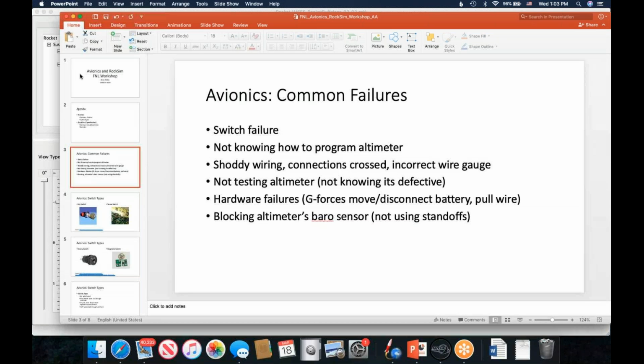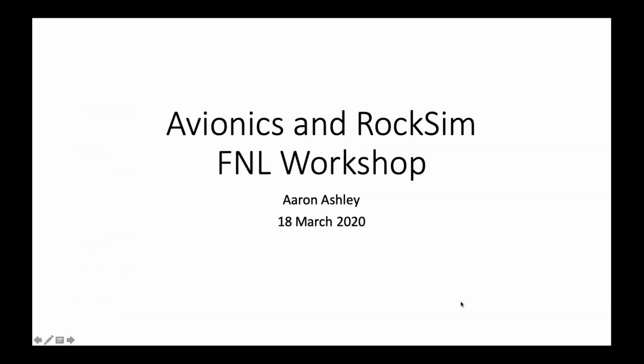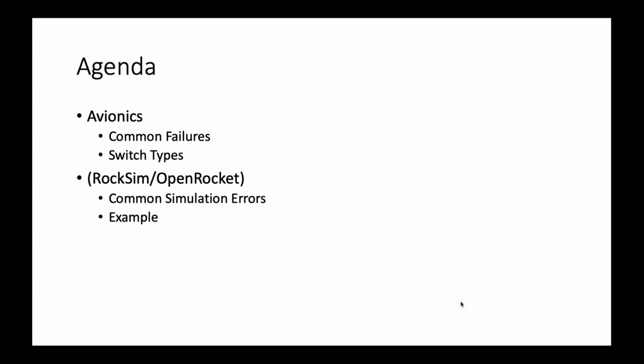All right. Yeah, thanks, Christine. Can you guys all see my screen? I'll take that as a yes. So I'm dividing this up into two sections, hopefully pointing out some ways we fail as rocket builders in avionics, and some switch types, as that's come up a lot in the virtual presentations.